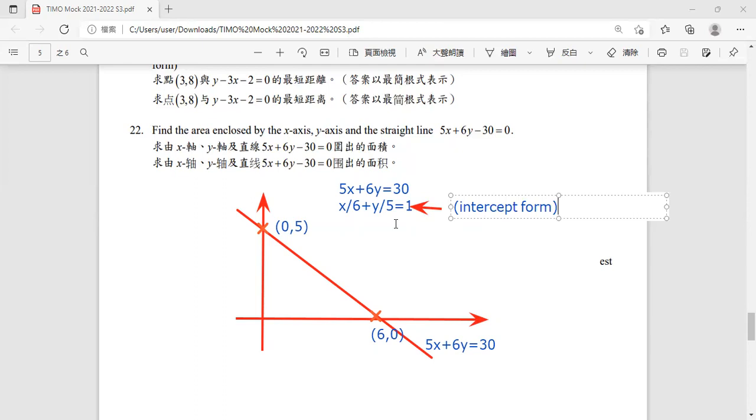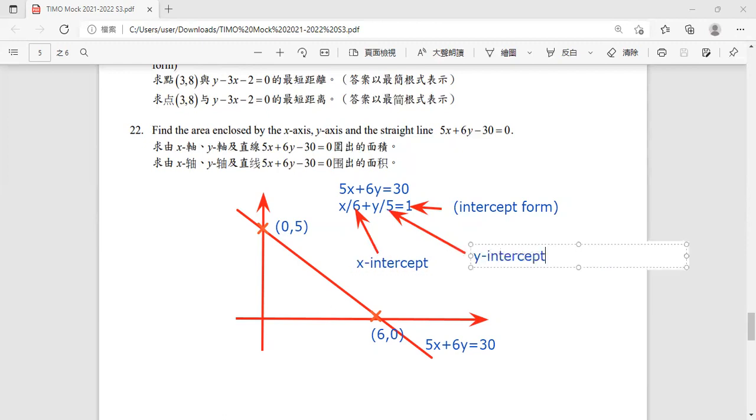This is the x-intercept and this is the y-intercept. So the area will be 6 times 5 over 2, which is 15. Finished. Any questions?